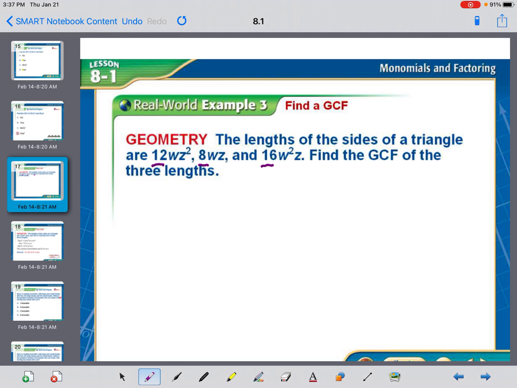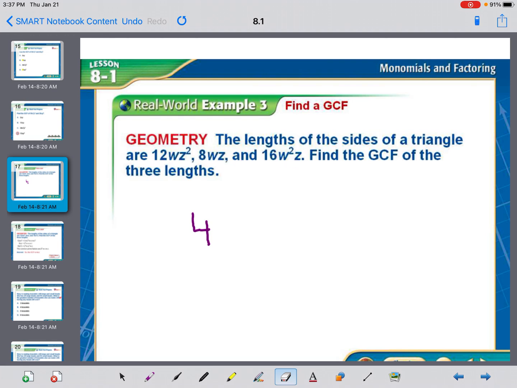What's the biggest number that'll go into all 3 of them? What's the greatest common factor of 12, 8, and 16? I hope, with a little bit of thought, you can see that it's 4. Because a 6 will go into 12, but it won't go into the others. 8 will go into these 2, but it won't go into the 12. The biggest thing to go into all of them is 4.